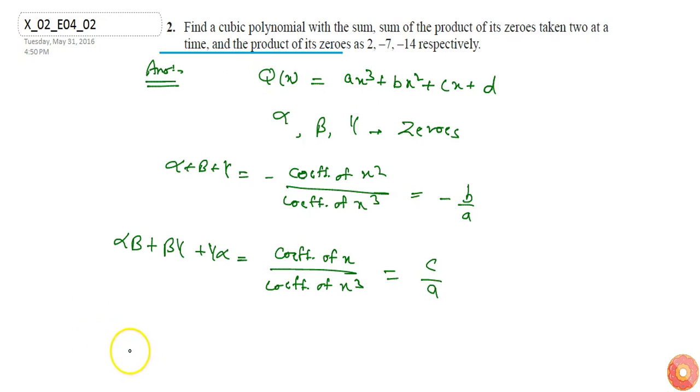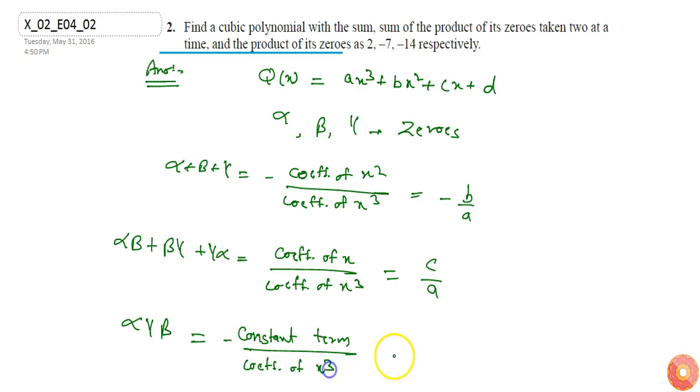And the product of all the zeros is minus the constant term divided by the coefficient of x³. So it is minus the constant term, which is d, so minus d by a.